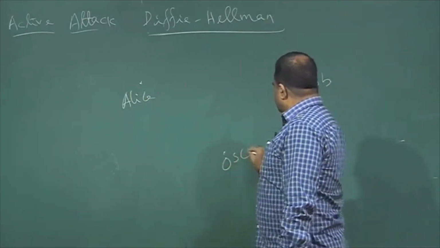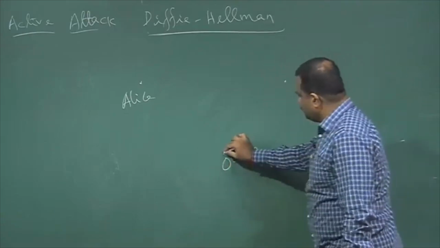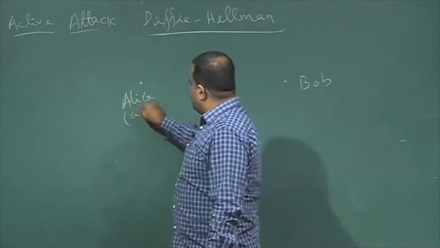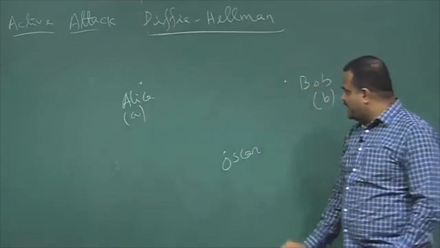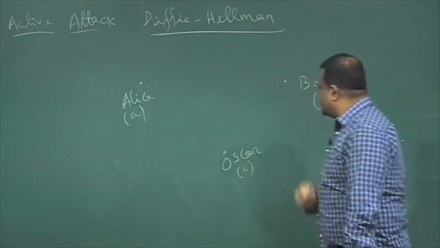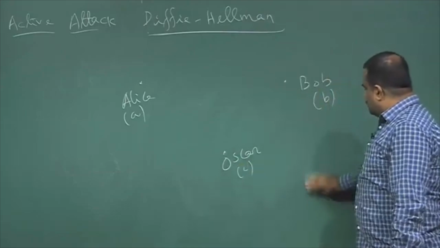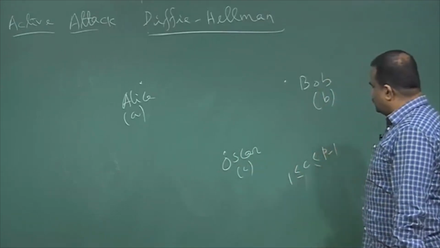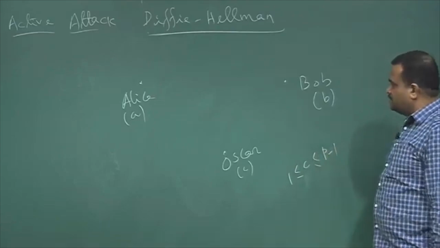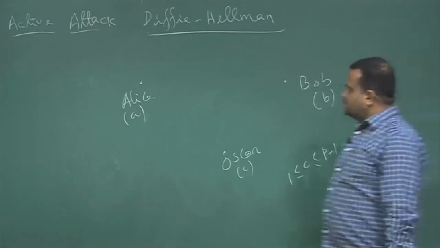Oscar is sitting here, and we are running Diffie-Hellman. Alice and Bob have chosen their secrets, and Oscar has also chosen a secret C, which is also at least 1 and less than the order of the group.